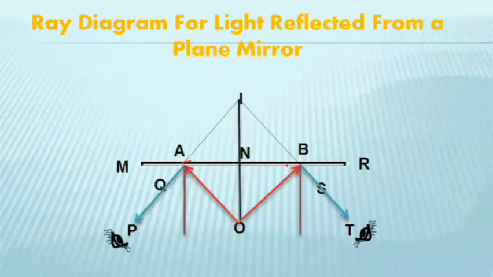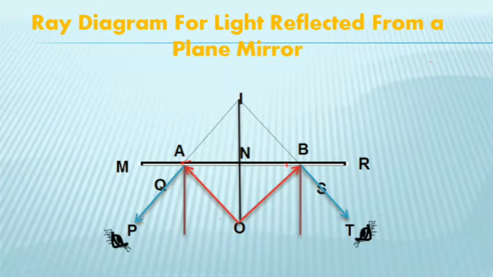Here these are the normals drawn at points A and B, and you can see the distance of the object from the mirror and the image from the mirror with the scale. You can measure it, as well as these angles.